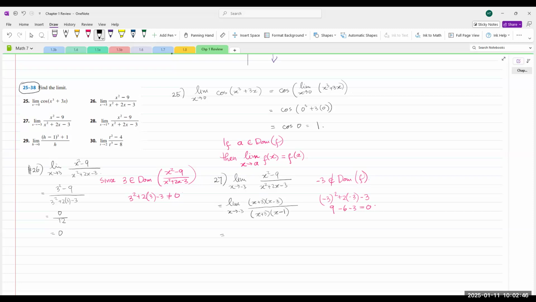And then, because x is approaching -3 but not equal to -3, x approaching -3 means x plus 3 approaching 0 but not 0.